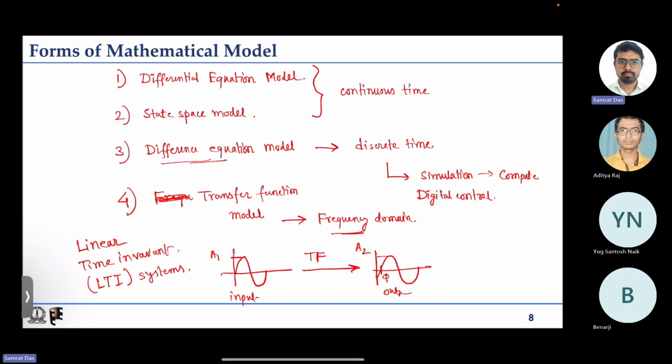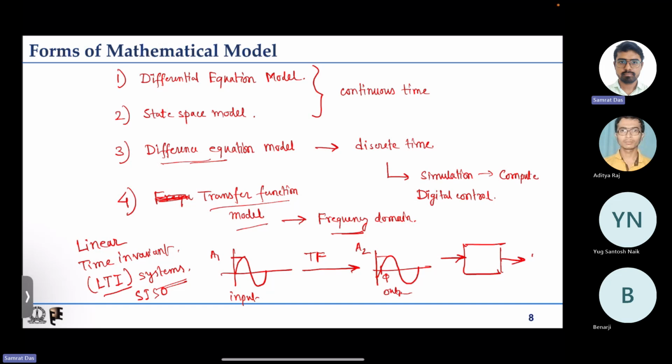Only LTI systems, LTI SISO systems, single input, single output, because in a transfer function you only have one output and that one output is due to only one input. So LTI SISO systems can be described by a transfer function model. So we'll understand these things more clearly. Linear, what is linearity, what is non-linearity, time invariant, time variant, SISO already you have discussed.